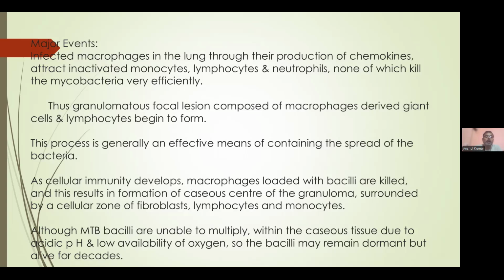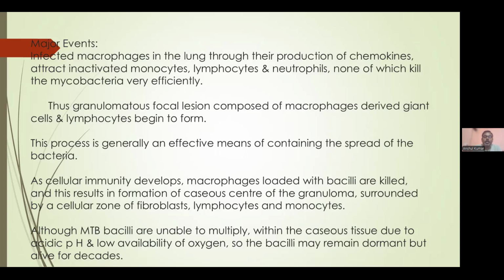And even when these cells are recognized through the production of chemokines, the attracted inactivated monocytes, lymphocytes, and neutrophils are not capable enough to kill this mycobacterium, which gives it an added advantage for its survival within the alveolar cells, or we can say inside the lungs.